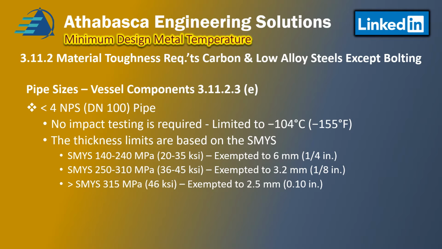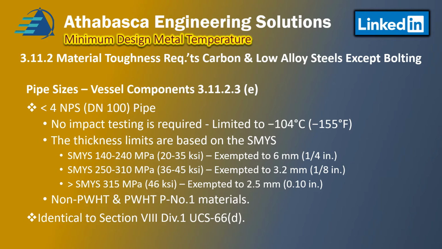And if your yield strength is greater than 315, then you're basically sitting at 0.1 inches. This is for non post-weld heat treat and post-weld heat treat P1 materials, and that refers to UCS 66D because these are essentially identical.